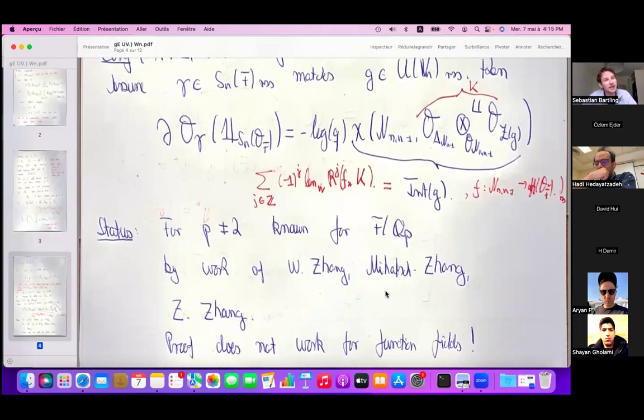A reason why their proof does not directly carry over to function fields is that what they do is globalize the situation to Shimura varieties and then use certain modularity properties for generating functions for certain cycles on Shimura varieties.